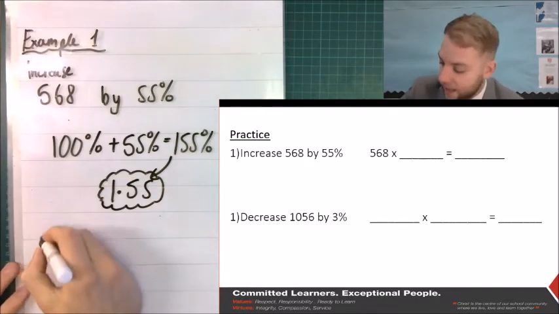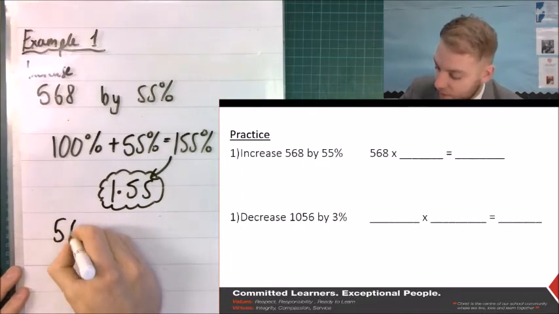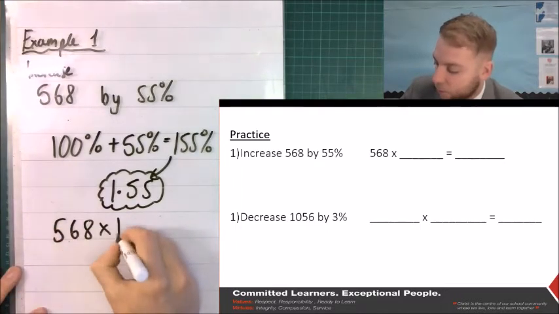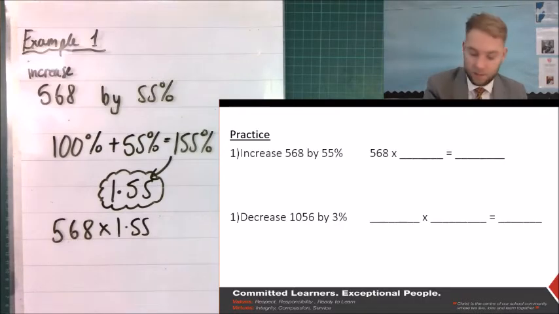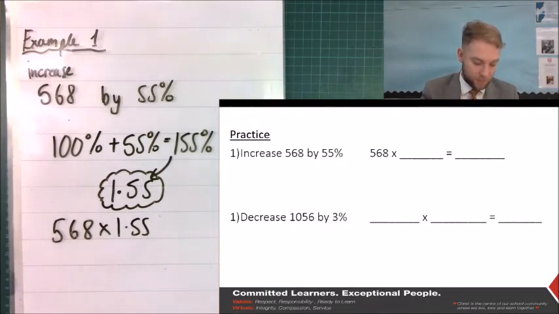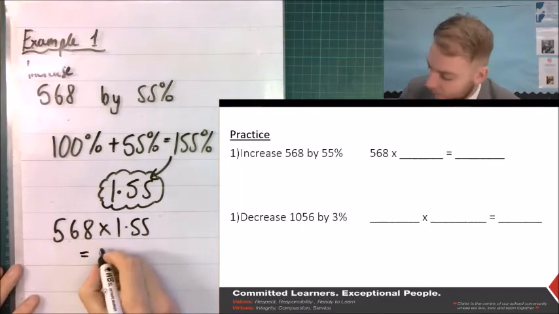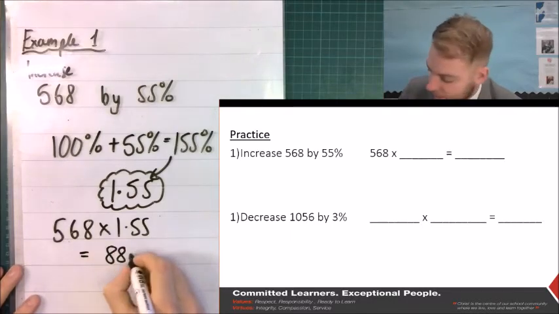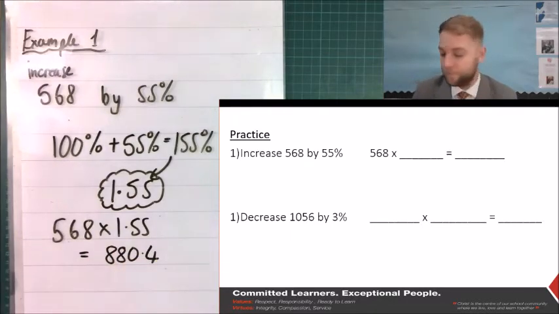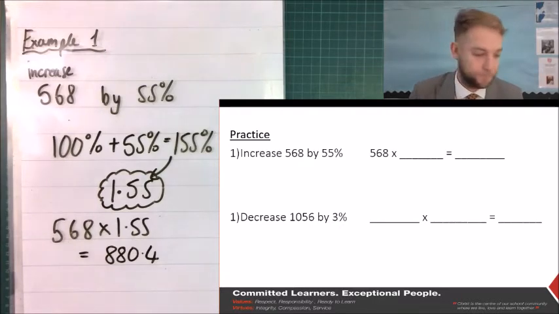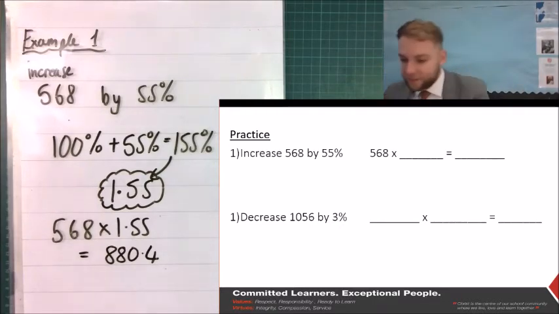So in this case, it's just going to be 568 times by 1.55, using our calculator, in this case, is equal to 880.4. Not money, so I'm not writing a pound sign. Brilliant. Okay, so let's have a go at example 2.